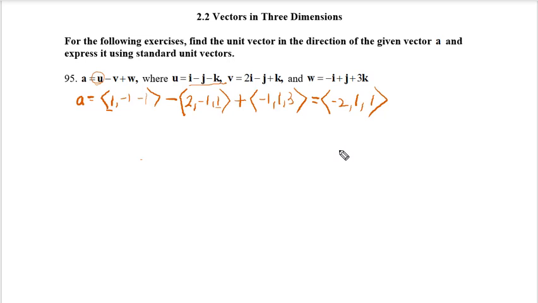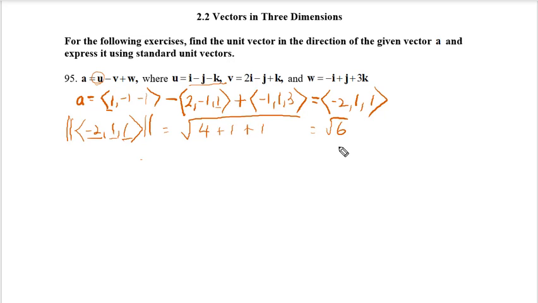So now we need to find the magnitude of that. So the magnitude of that vector would be the square root of negative 2 squared plus 1 squared plus 1 squared, which is the square root of 6.